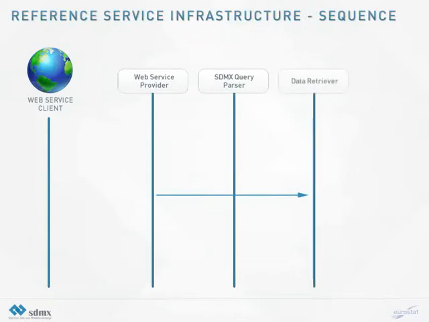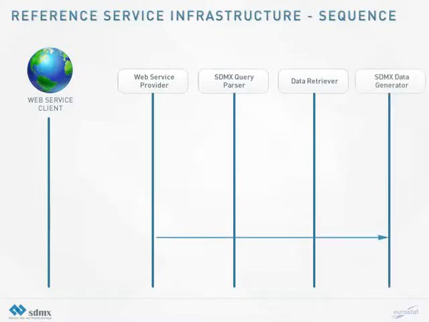Then, the web service provider calls the data retriever, providing as input the internal query, the parameters of the mapping store database connection. The data retriever returns a data message formatted in the internal SDMX data model. Now, the web service provider calls the data generator.